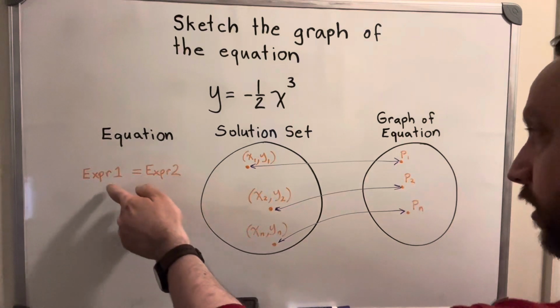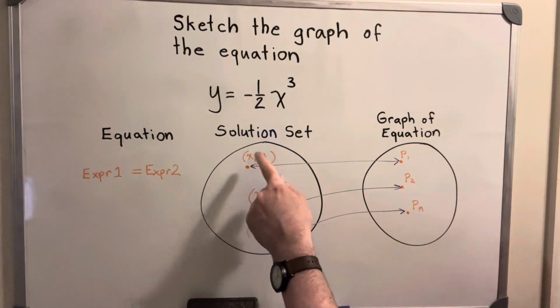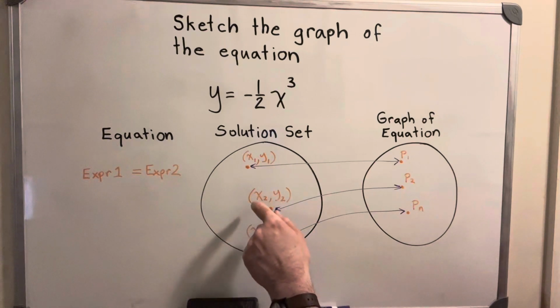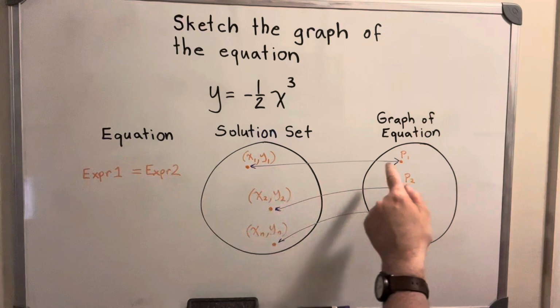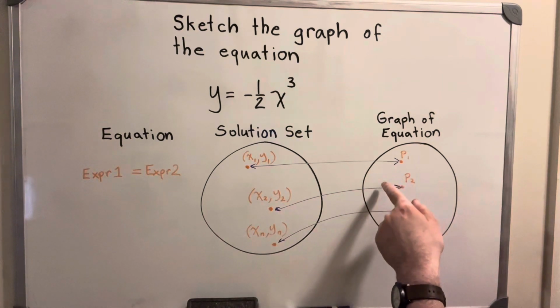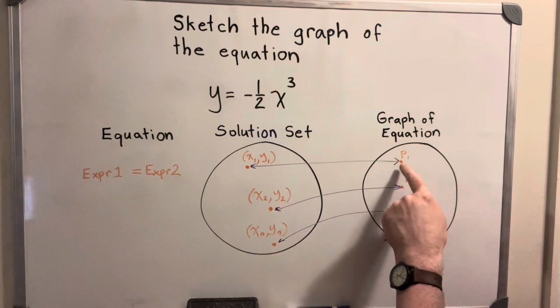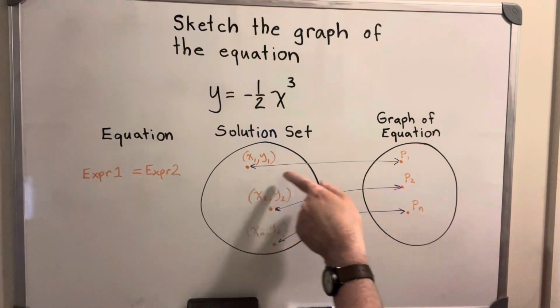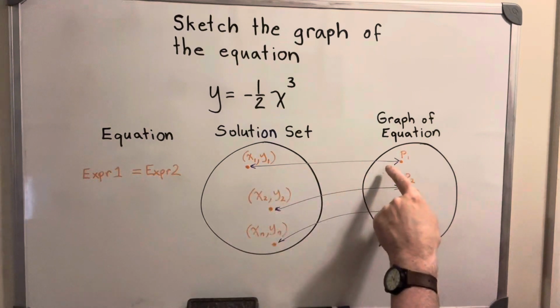It depends on the equation. But the solution set is all of the ordered pairs that solve the equation. And then the graph of an equation is the points which correspond to the ordered pairs of all the solutions.